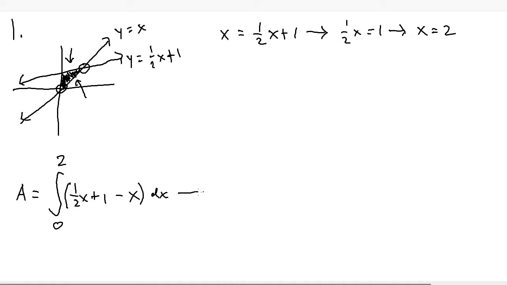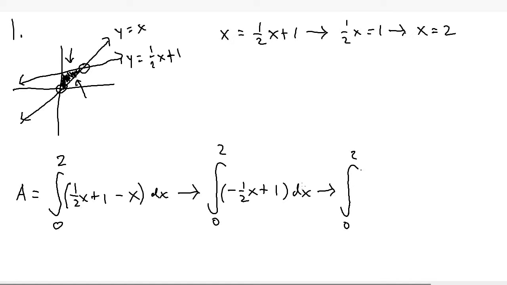So now I can evaluate my integral. I can actually simplify half x and x since they're like terms. So 1/2 x minus 1x is negative 1/2 x, and we have a plus 1. And now when I integrate, there's a plus here, so I can separate into two integrals.